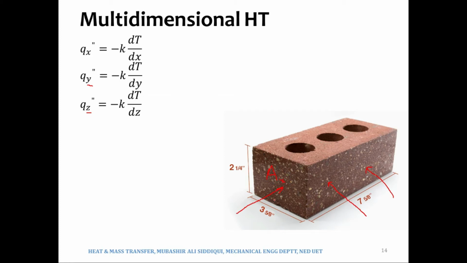Ax is in fact the length in y multiplied by the length in z. Similarly, this area would be Ay, and Ay does not have the y dimension in it, because Ay is in fact the product of the length in x and the length in z.